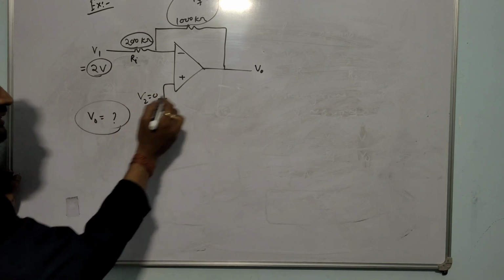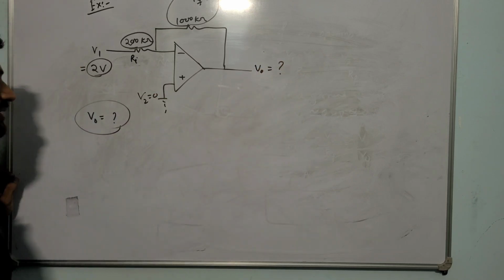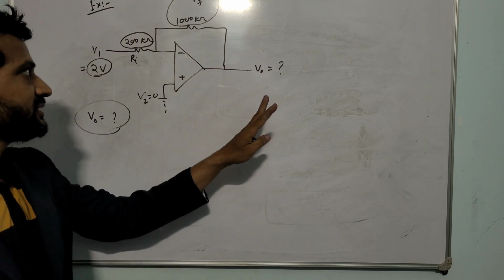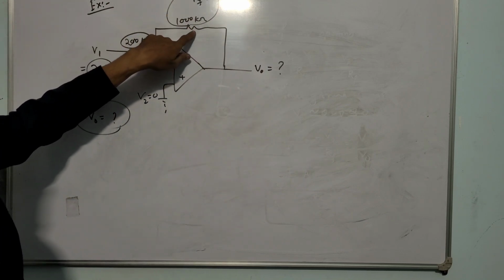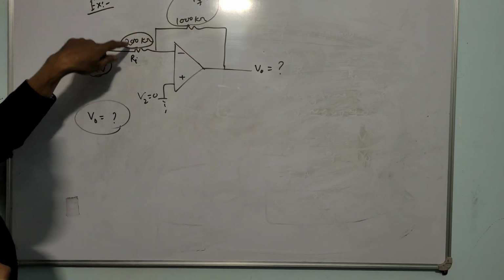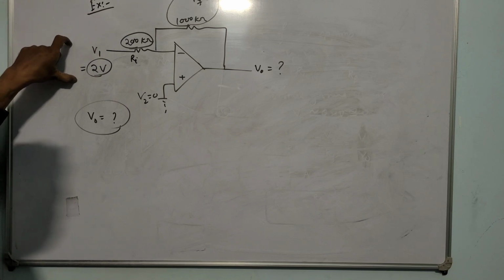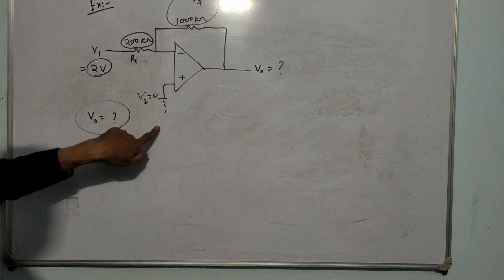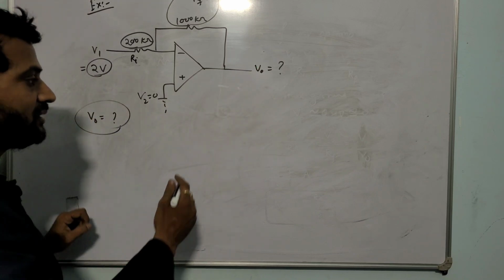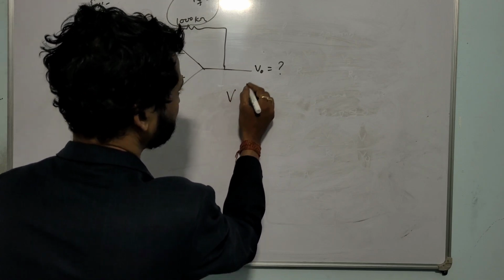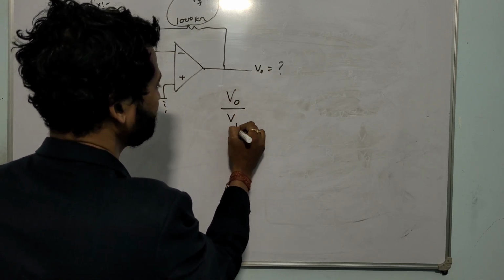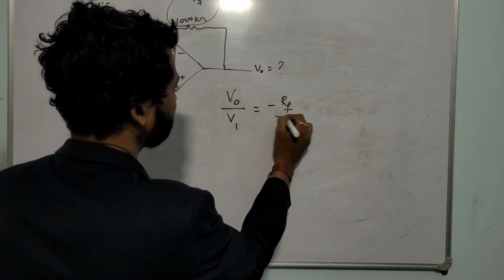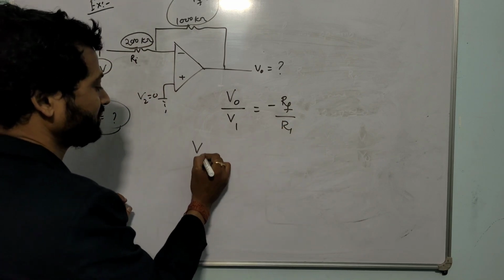So question is find out the output voltage. Again I repeat, that circuit diagram is given, the feedback resistance value is 1000 kilo ohm, input resistance is given 200 kilo ohm, input voltage V1 is given 2 volt, V2 is grounded, we have to find out V0. So what is the expression of that V0? You know V0 by V1 is minus RF upon R1. So what is V0?